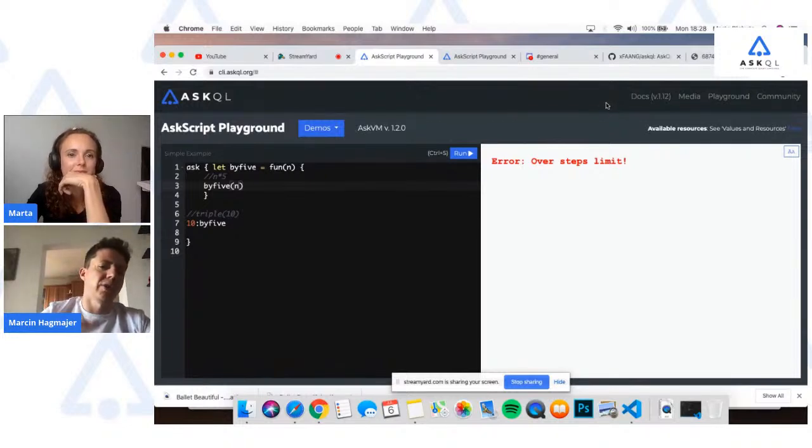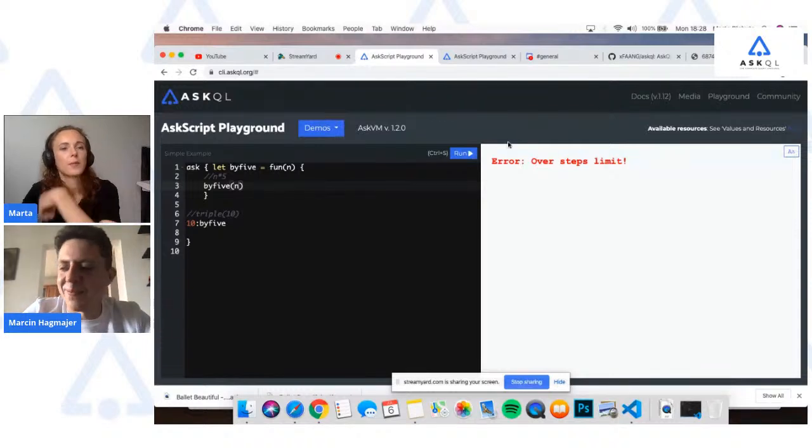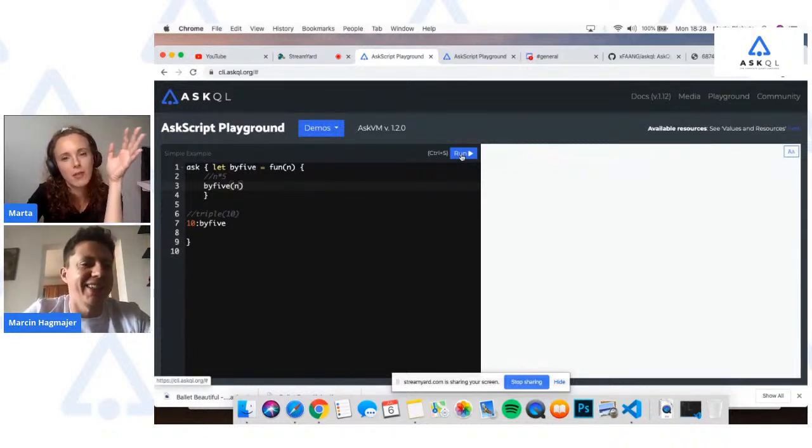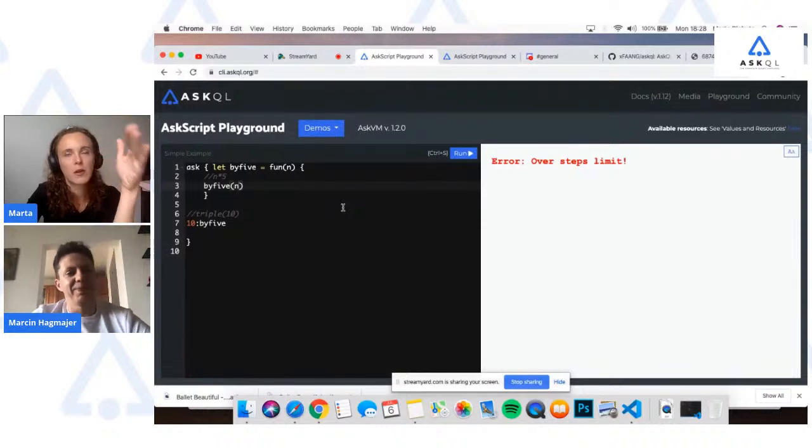loops. So if I press run, in the meantime it ran hundreds of times and then I got the error.